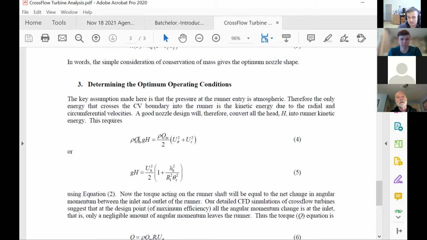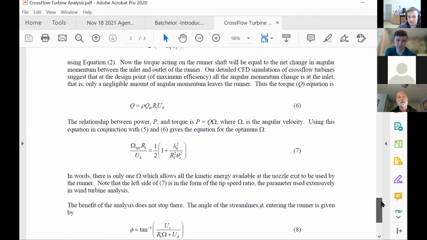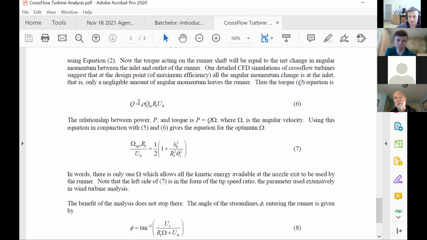And so we want that amount of energy to be converted into kinetic energy of the flow entering the runner. And if we do that, we get equation 5, which is a consequence of conservation of energy. So I've used conservation of mass, conservation of energy. And then finally, what I do is use conservation of angular momentum.